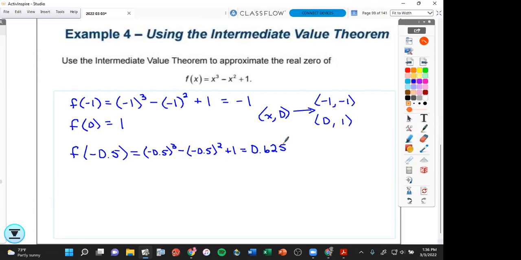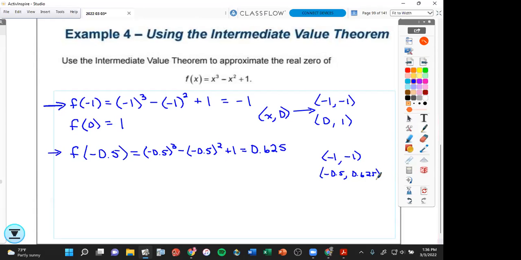So now look at what we have. I've got a negative value there. I've got a positive value here. So at -1, we get -1. And at -0.5, we have 0.625.